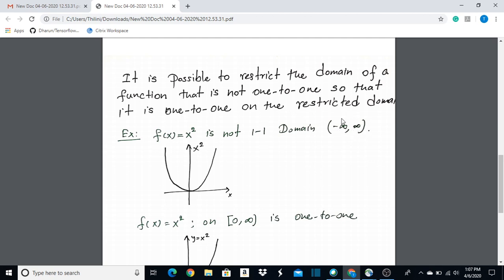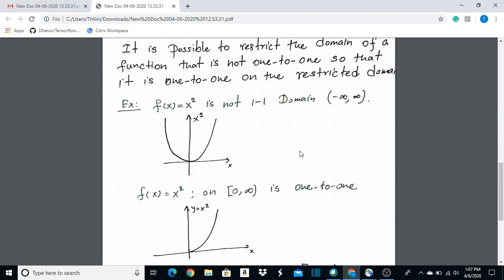This is the natural domain of this function. We can easily see that if we draw a horizontal line as we did before, it crosses more than one point, it crosses 2 points. So this function is not one-to-one on the domain negative infinity to positive infinity if we consider the whole domain.